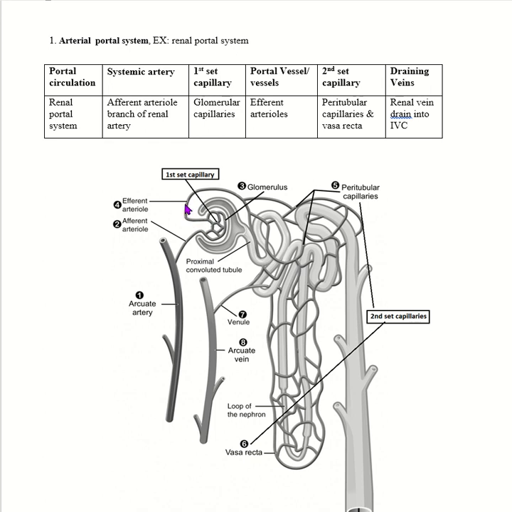It forms another arteriole, the efferent arteriole, and this efferent arteriole forms another set of capillary around the parts of the nephron, and this is known as the peritubular capillary plexus. And this peritubular capillary plexus unites to form the venule, then vein, then renal vein. So within the kidney there are two sets of the capillary, the first set in the glomerulus, the second set in the peritubular capillary plexus. So this is the example of the arterial portal system.